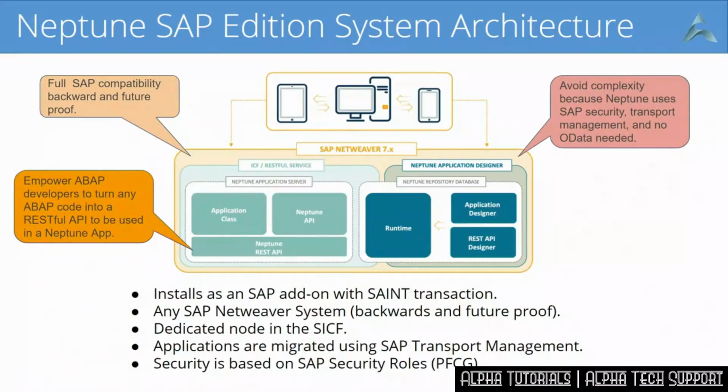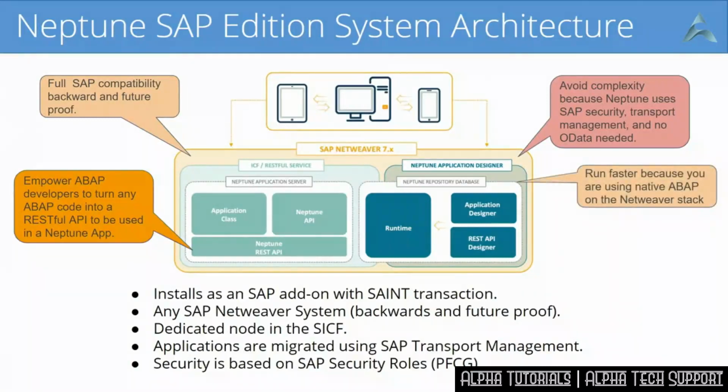So one resource who was an ABAP developer learned how to use this Neptune application development platform in a matter of 3 days. So the platform is very easy to learn, especially for ABAP developers. I started saying to my ABAP team, hey, this is a platform developed by ABAPers for ABAPers.